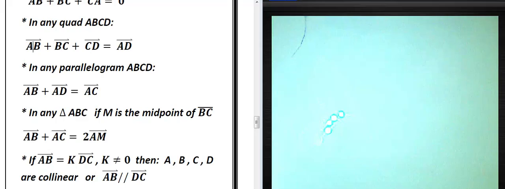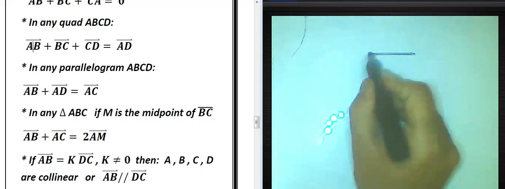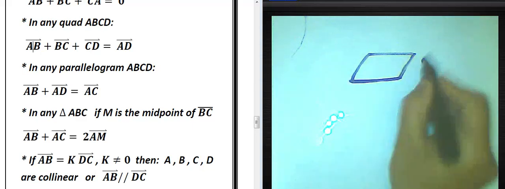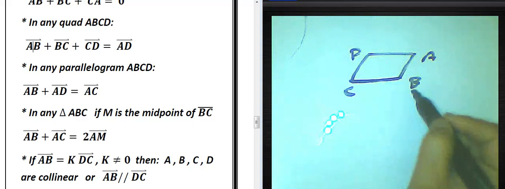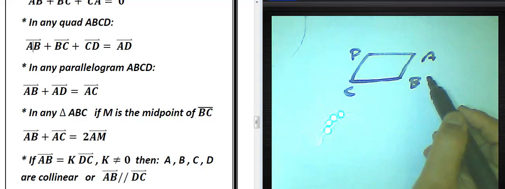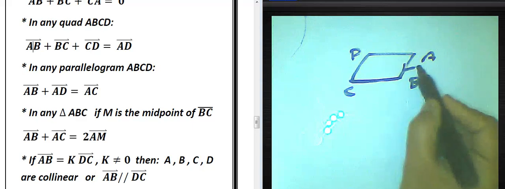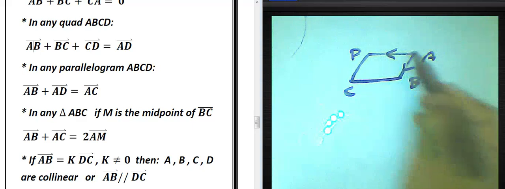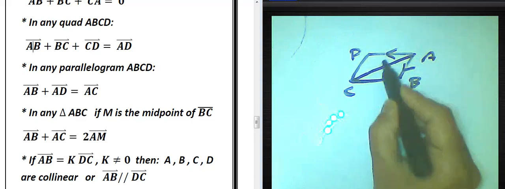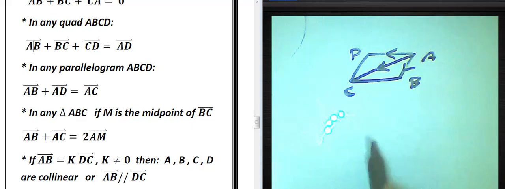Look here, if we have parallelogram ABCD in the example, it tells us vector AB plus vector AD gives the result of the diagonal AC. Vector AB plus vector AD equals vector AC.